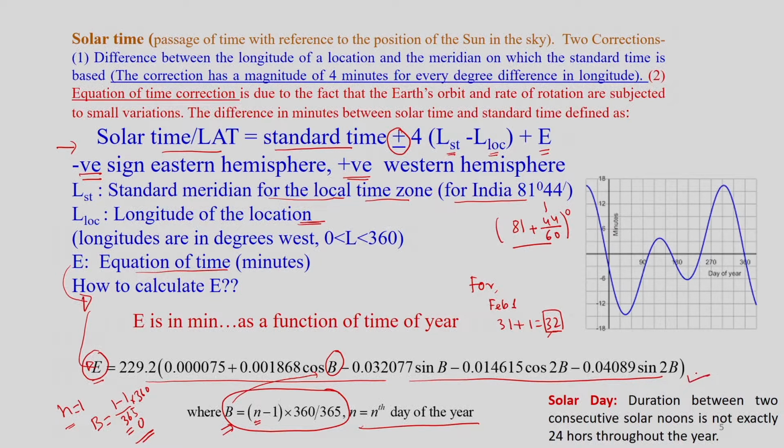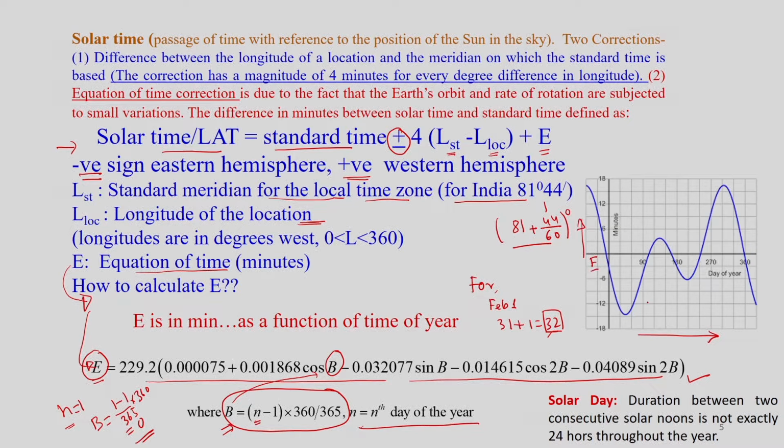If we do not want to do the calculations, we can use this plot to find the E value. The horizontal axis shows the number of days, and the vertical axis shows the minutes, or E value.